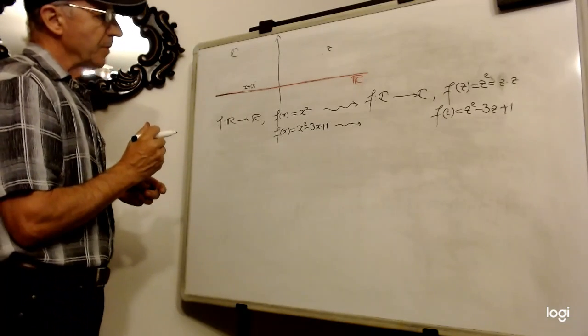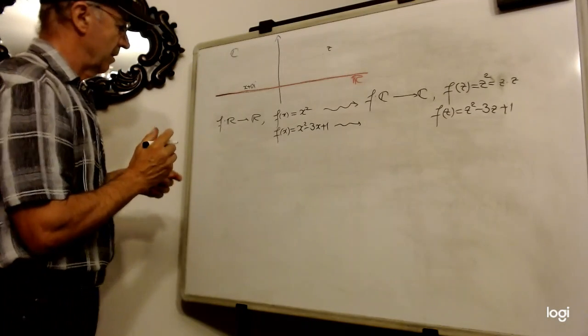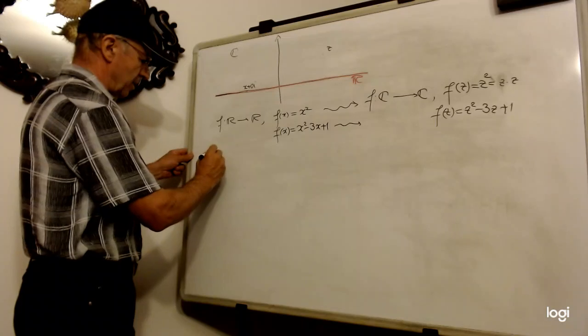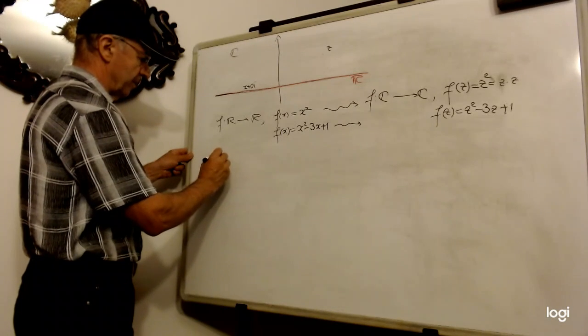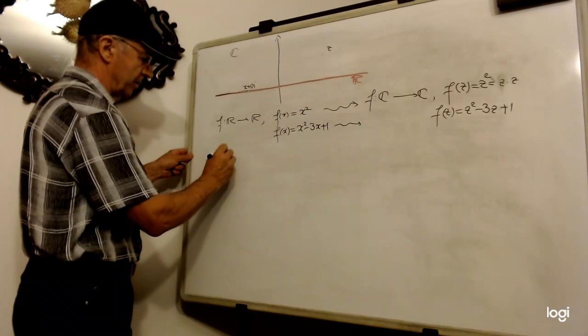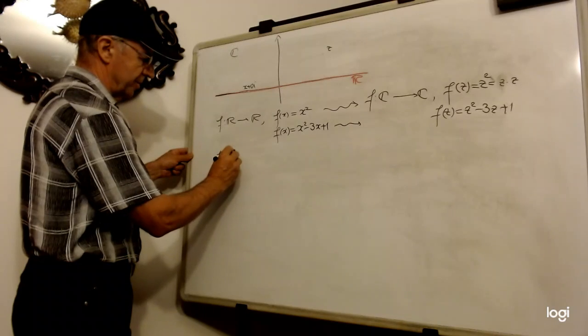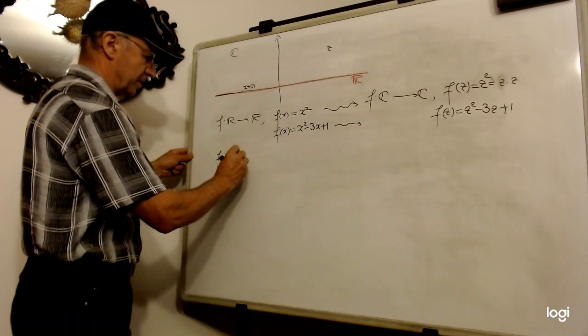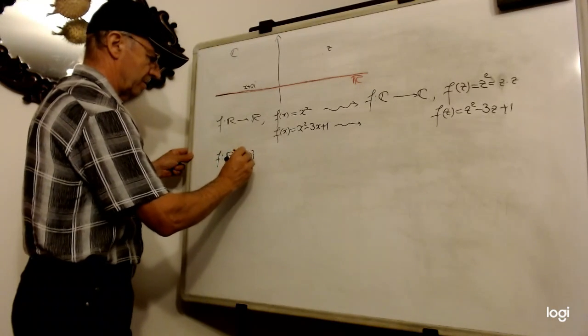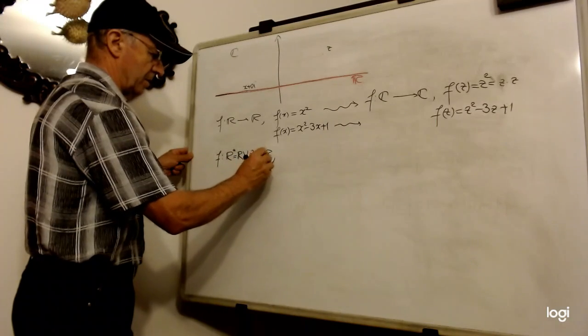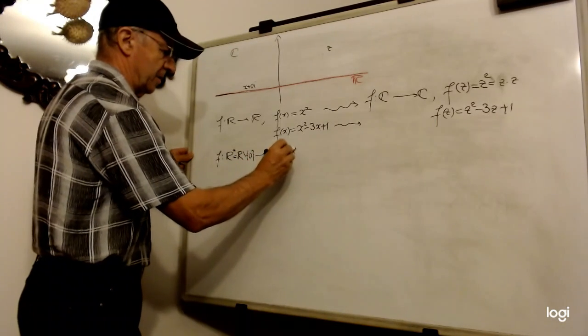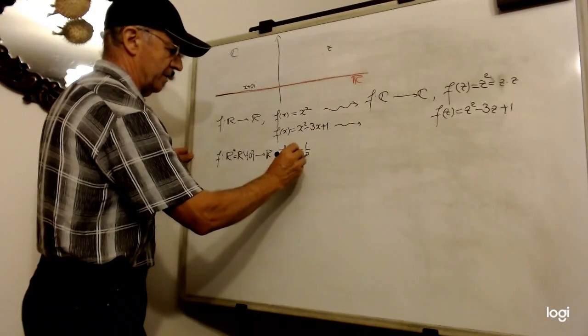Now, let us consider another important function. For example, the function defined on R star, which is R except 0, f of x equals 1 over x.